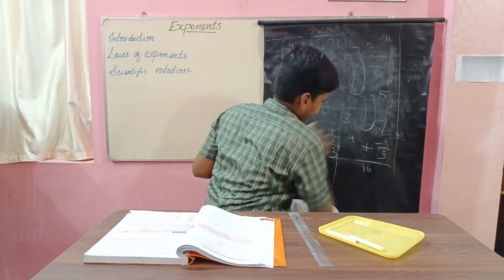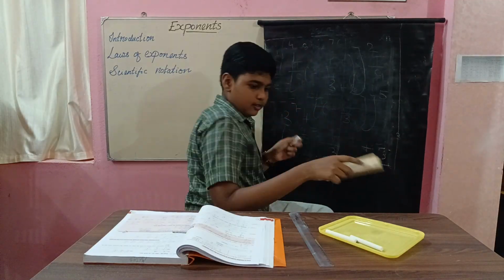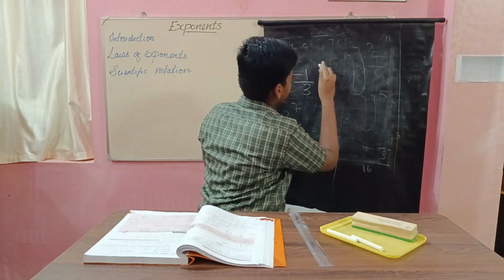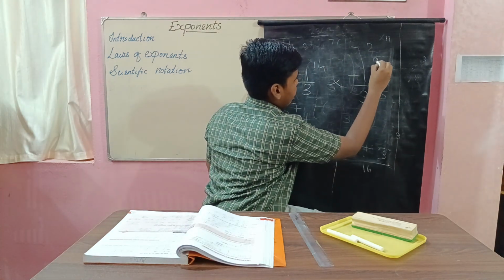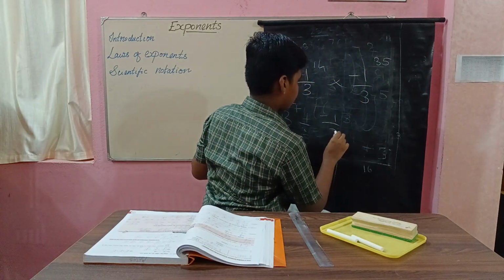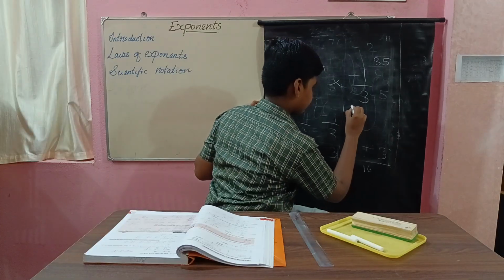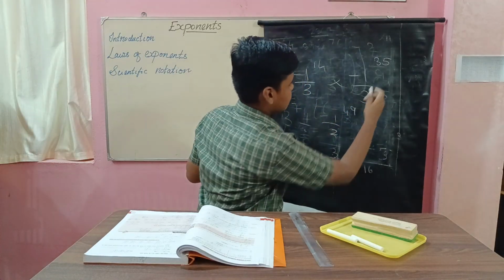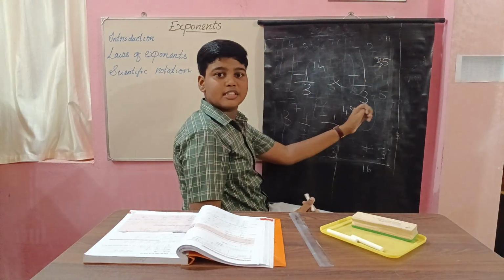Just wait, let me take that. So it was minus 1 by 3. So 7 into 2, it is 14, into minus 1 by 3 to the power of 35. So just add these: minus 1 by 3 to the power of 49. Okay. So this is just one of the methods of the second law. Can you understand?